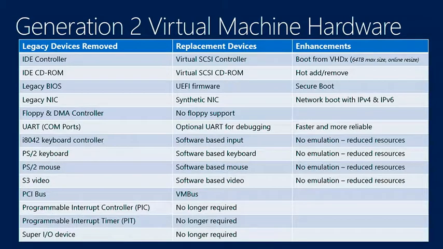So the benefits of Generation 2 virtual machines in this release are secure boot, boot from SCSI, and boot from virtual network adapter. The cool enhanced mode VM Connect works for Generation 1 and Generation 2. All the other features I'm going to show you work for Generation 1 and Generation 2.